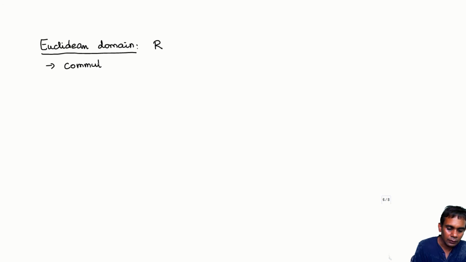I'm now ready to define a Euclidean domain. A Euclidean domain is a ring R which has the following properties. Firstly, it has to be a commutative ring. Secondly, as the name suggests, it should be an integral domain.